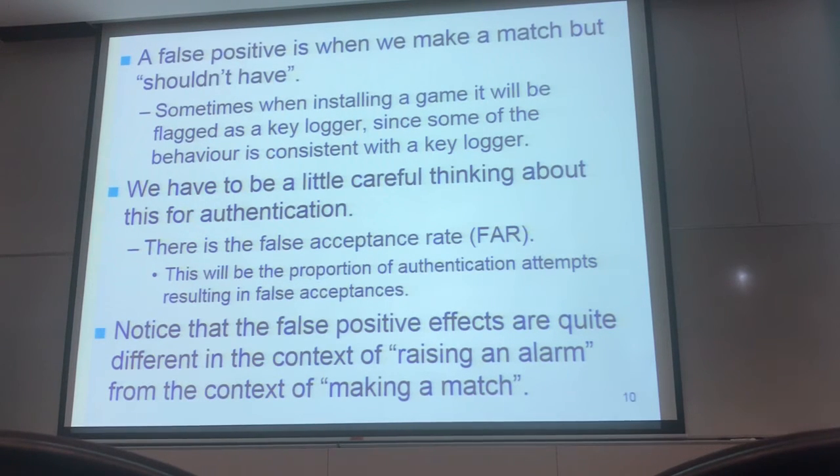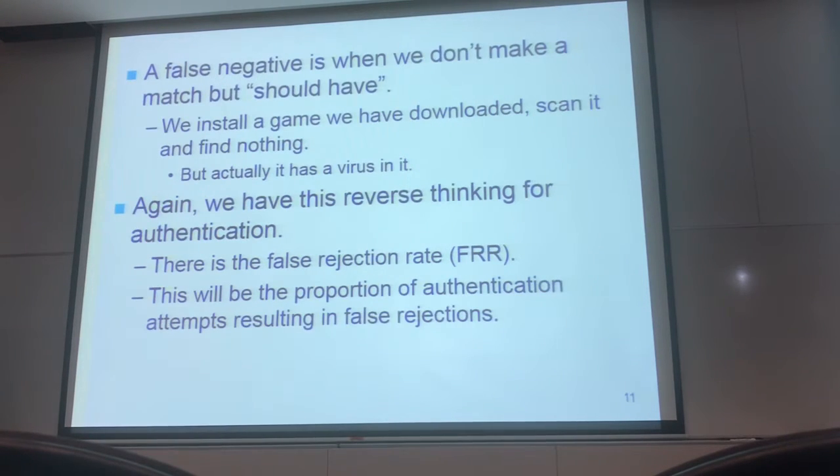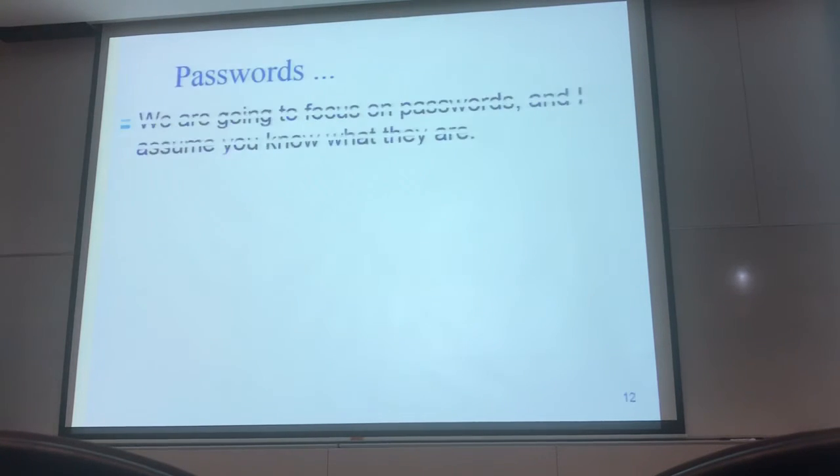So depending on context, in authentication the user will be aware of the false negative, but in intrusion detection or antivirus systems, users will be aware of false positive. Right? So these are the two errors that can occur in different security systems.